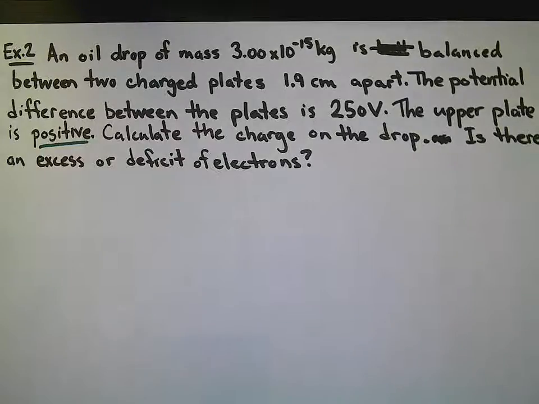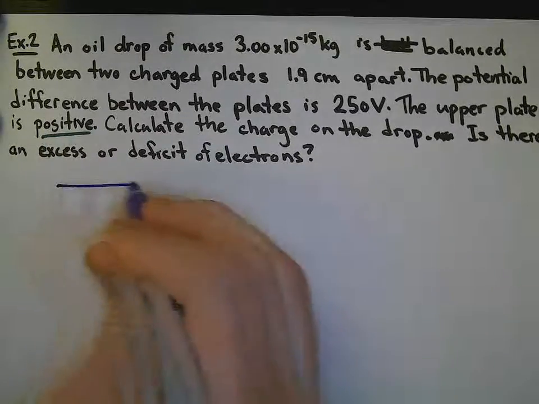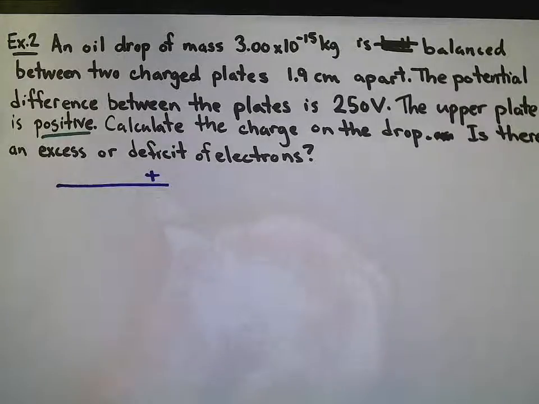What does this really mean? If our upper plate is positive, that means the field lines will move to the negative.